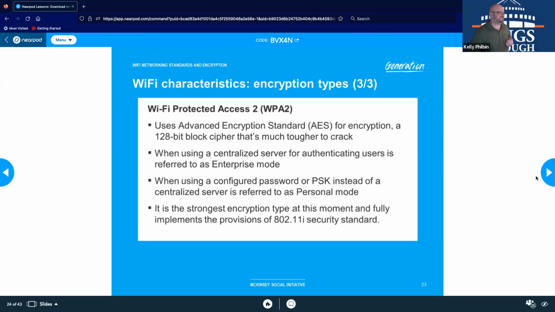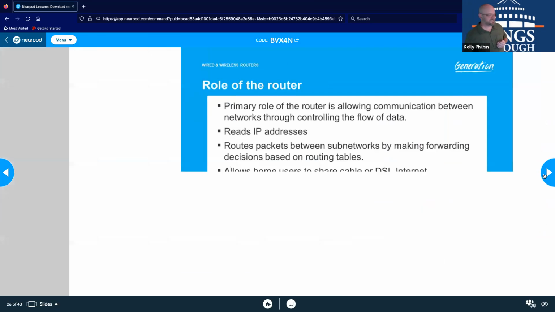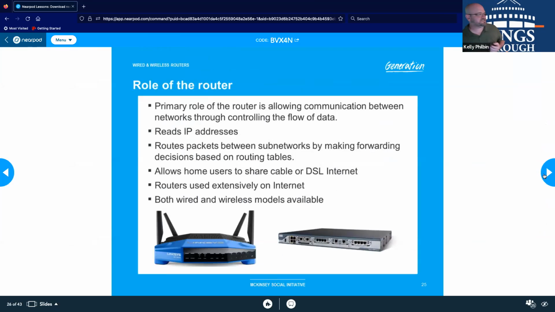All right, so clipping along here, we got a little bit of time. Let's talk about routers. The primary role of the router is to allow communication between networks. So the router connects networks together. It could be multiple internal networks connected through a series of routers, or it could be your internal network connected to the external internet.